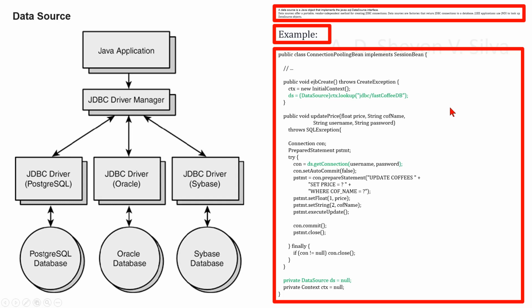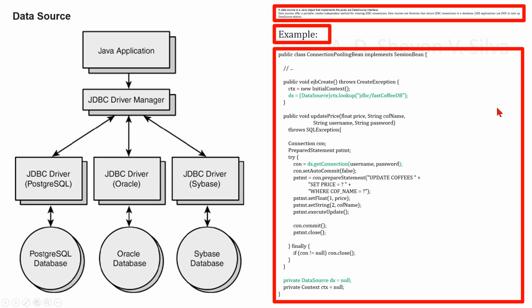The JNDI naming service will return an instance of that DataSource class. The method getConnection can then be called on that DataSource object to get the connection to the data source it represents.